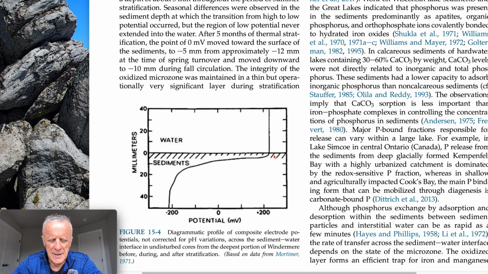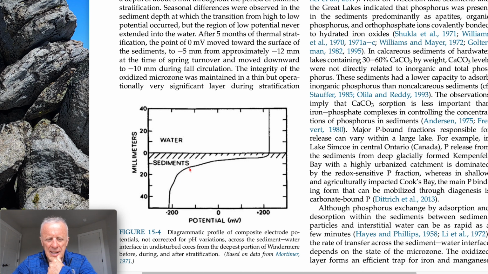So for example, at 40 millimeters, we have a potential of about minus 210 millivolts. As we approach the sediment surface, our potential is increasing, our voltage is increasing, so we have anoxic conditions here.